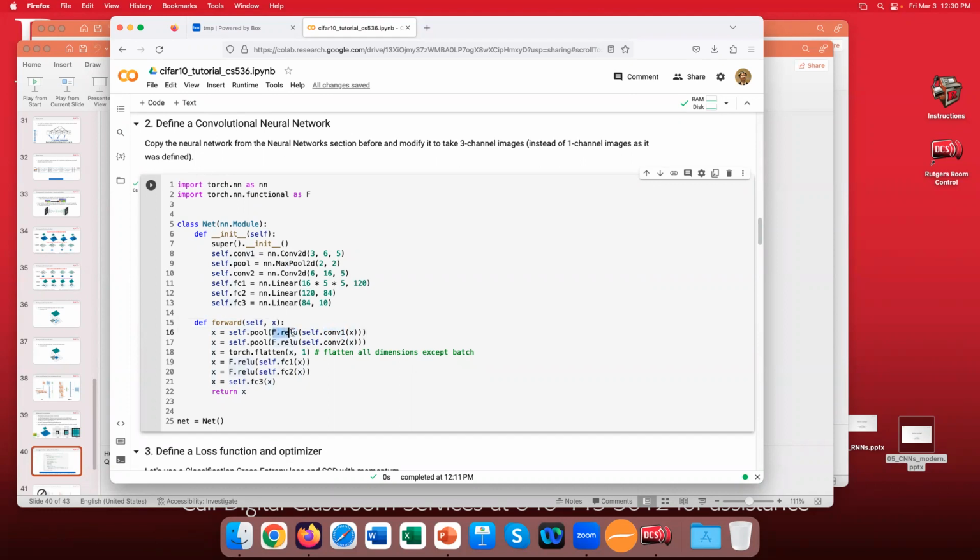The ReLU you don't need to define in the initialization because ReLU doesn't have any parameters. And then you go through the pooling layer. So this finishes the first convolutional operation, and you get X. Then you feed this X into the second convolution layer, and go through the ReLU and through the pooling, right? And after all this, you get some kind of feature map.